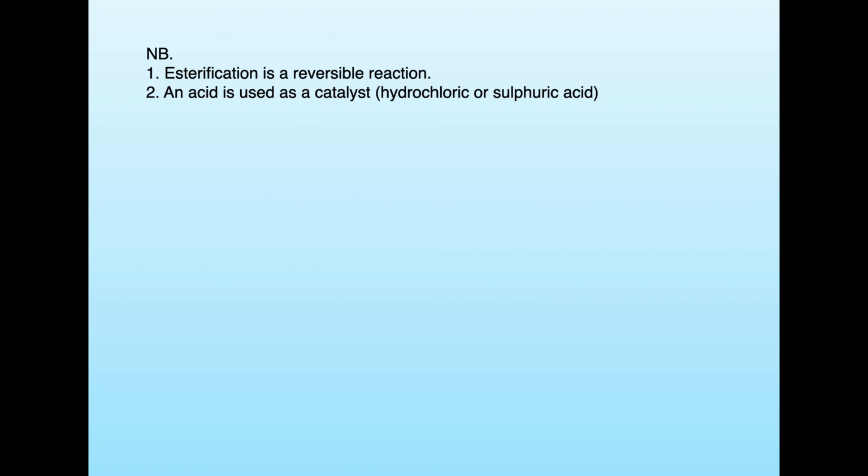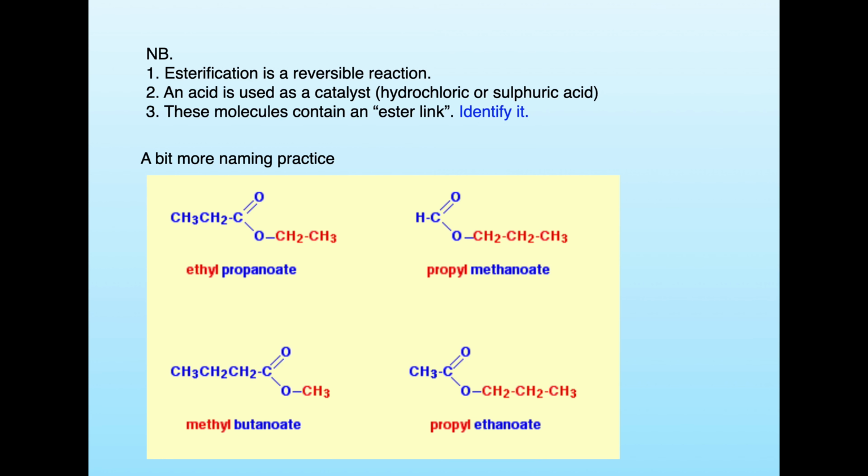An acid is used as a catalyst, and these molecules contain the ester link. You can identify it in the molecules. Have a look at these, just to practice the naming. You have to be able to name these molecules. It's one of the requirements for IGCSE. Okay, have a go. And then essential chemistry, 232 and 233.